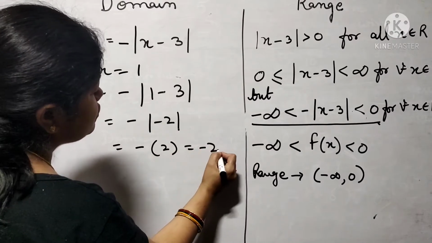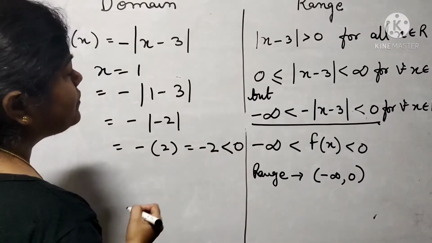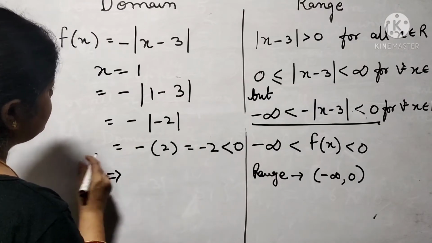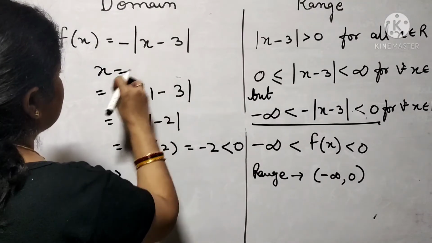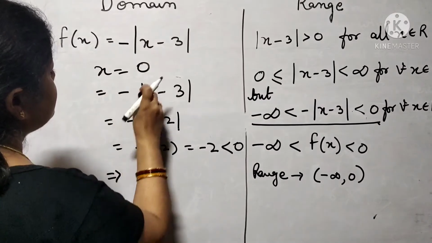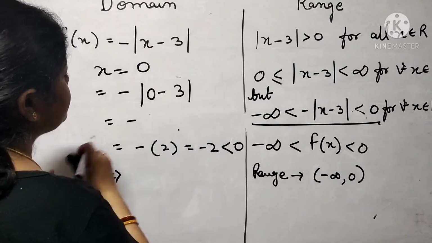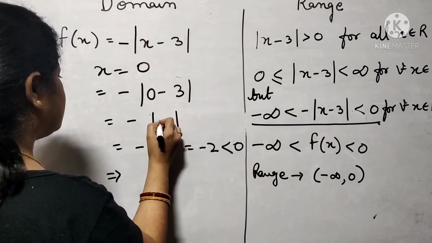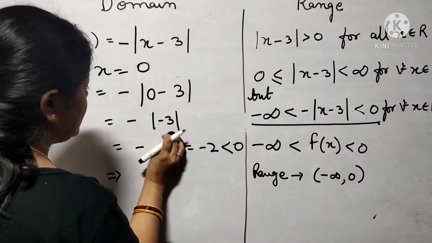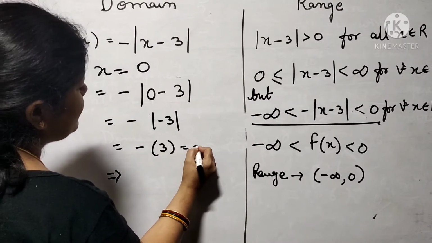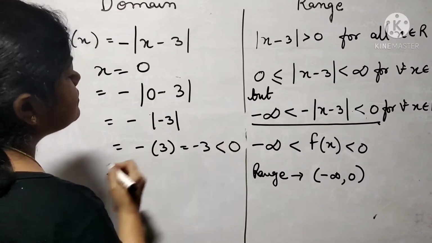Its value is minus 2, which is less than 0. If we give x equal to 0, then we get minus modulus of 0 minus 3, which is minus 3, again less than 0.